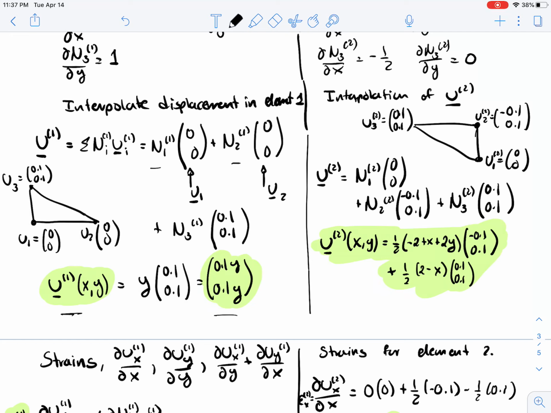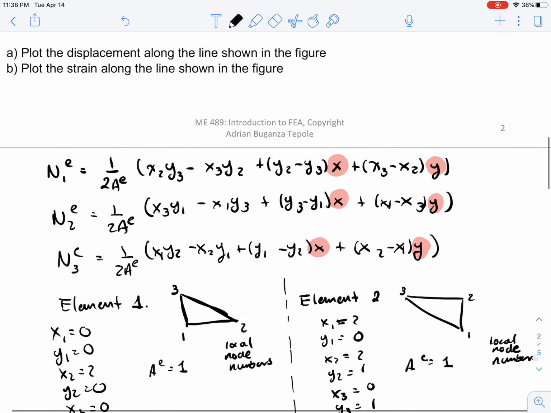If we want to interpolate the displacement, just sum of shape functions times displacements. In this case, as you can see, the first element has this displacement interpolation, the second element has this displacement interpolation. So here, for example, if you wanted to plot it along y equals 5, then all you will need to do is plug in y equals 5 here and y equals 5 here.